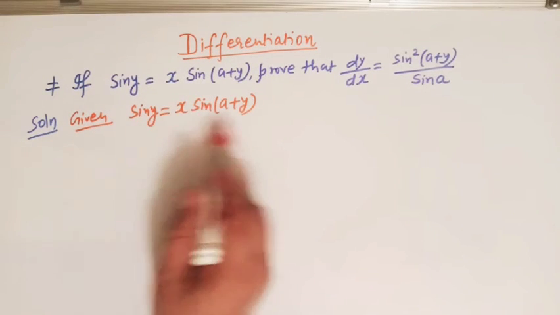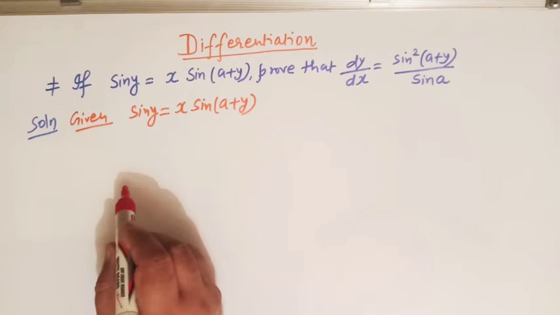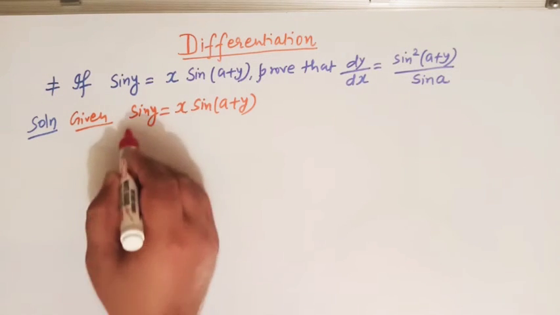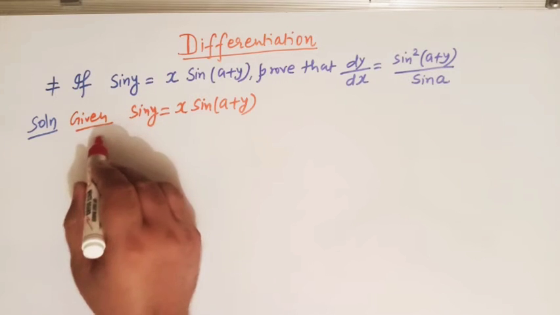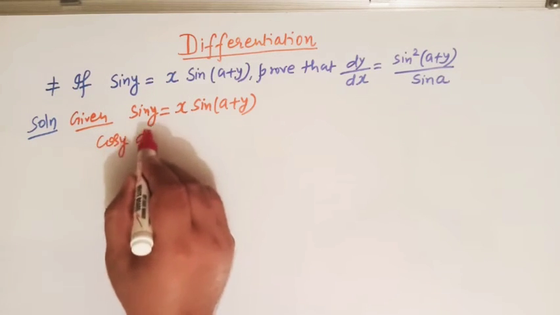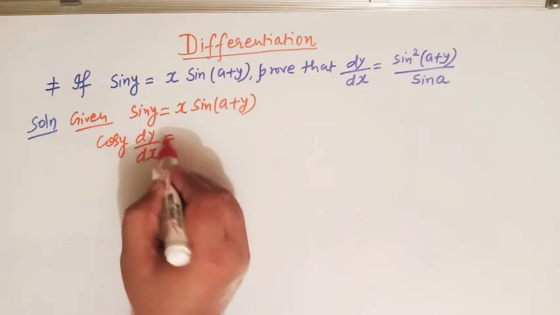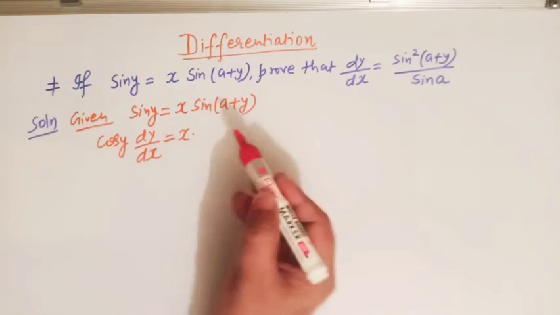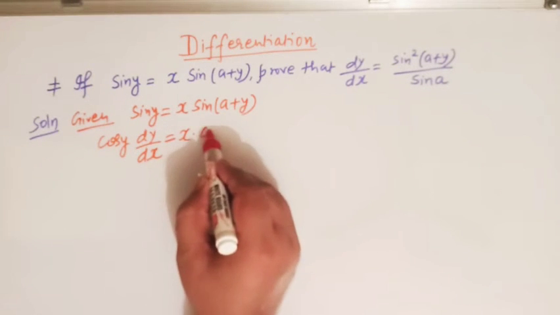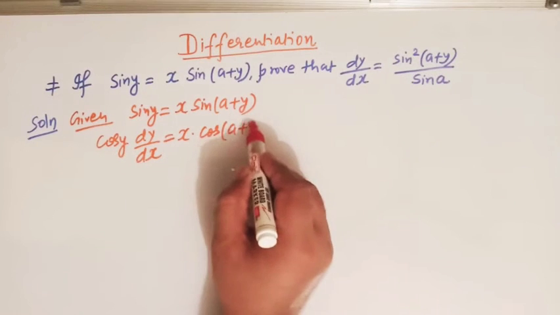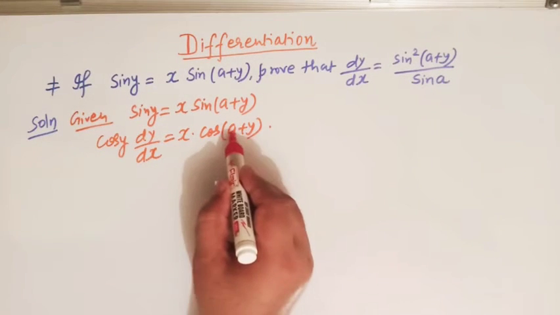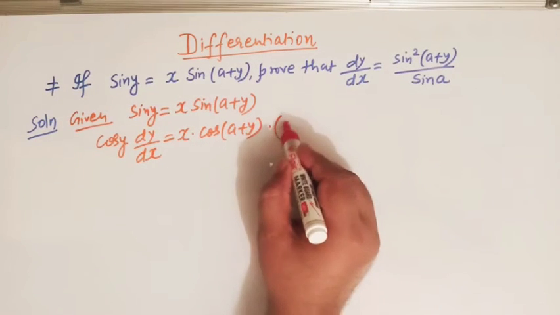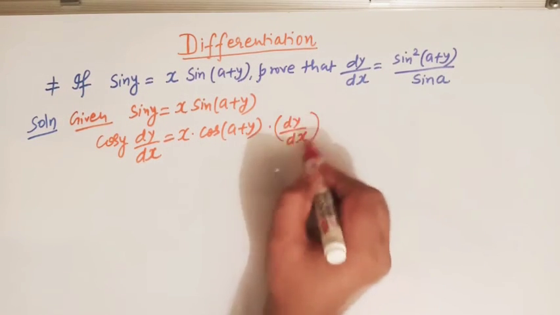Now let us differentiate both sides with respect to x, and here we see that this is the product of two functions. So the derivative of sin y is cos y, and then we have dy over dx, and then we will apply the product rule here. So first function, derivative of this function is cos(a plus y), and then by chain rule we will have the derivative of a plus y, which is dy over dx, right?